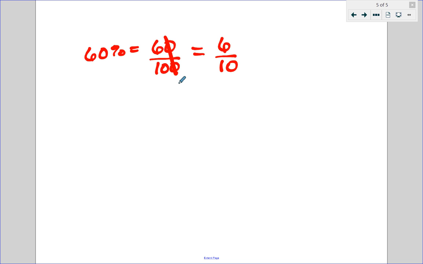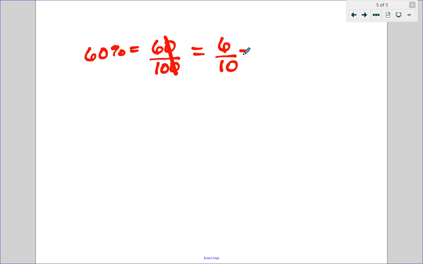What if we have to write a percent as a reduced fraction? Reduce that to a fraction. So first of all, 60% is equal to 60 over 100. And now we want to make it down into a smaller fraction. Well, I'm going to start by dropping a 0 off. So now I'm down to 6/10 because I know they can both be divided by 10.